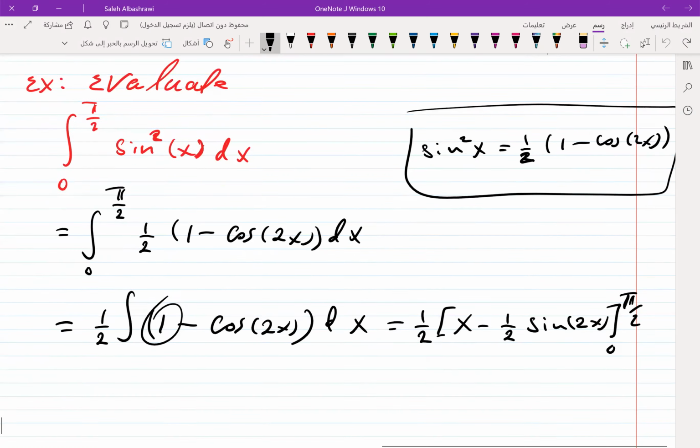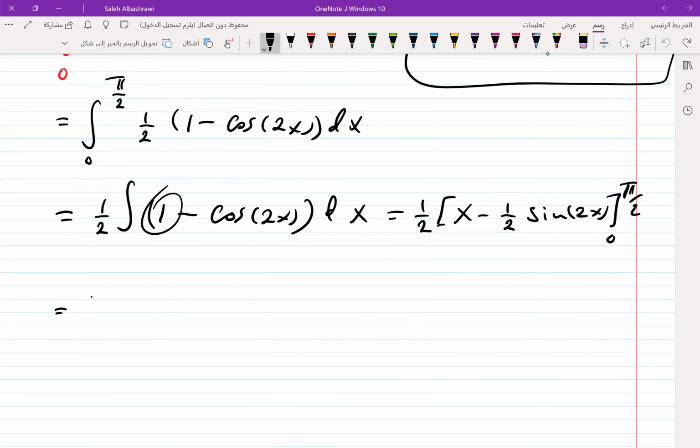Now to find the value, I will have 1 over 2, replace x by the upper limit, which is pi over 2. That will be pi over 2 minus 1/2 sine, not cosine, sine 2 multiplied by pi over 2. This is the value of the function at the upper limit, minus the value at the lower limit, which is x equal 0.